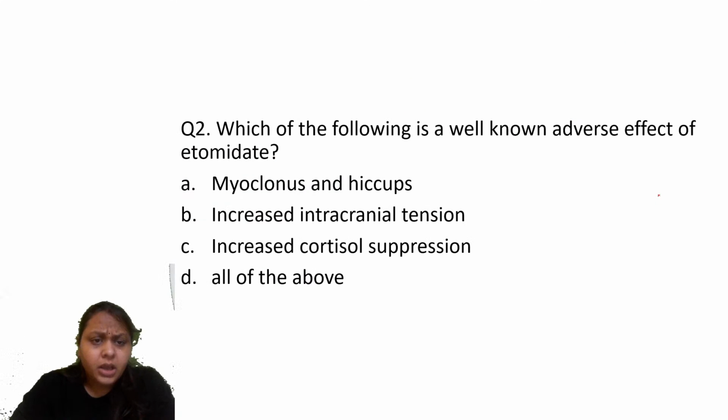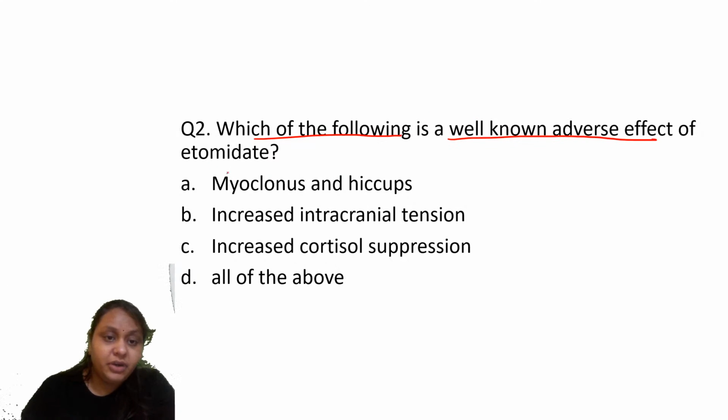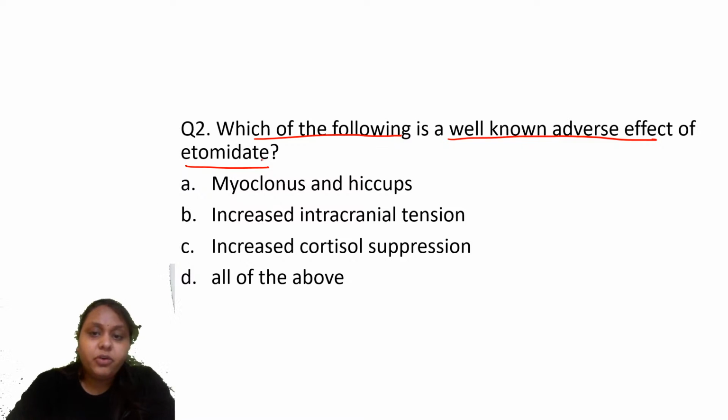Now, question 2. Which of the following is a well-known adverse effect of etomidate? Is it A, myoclonus and hiccups, B, increased intracranial tension, C, increased cortisol suppression, or D, all of the above?